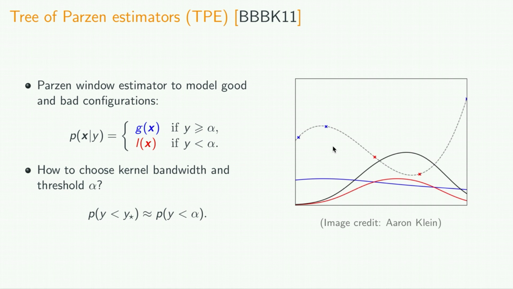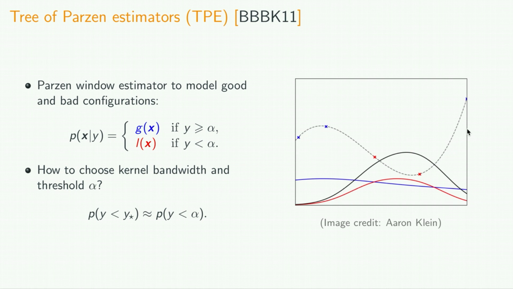And so we can then classify the observations into bad ones and good ones. The ones that are below this threshold alpha are the good ones, above are the bad ones. And so, conditioned on the observed evaluations, we can build a kernel density estimator based on the good ones and a density estimator based on the bad ones.